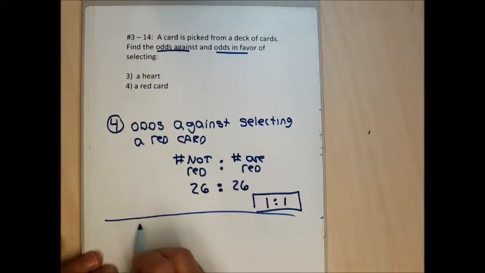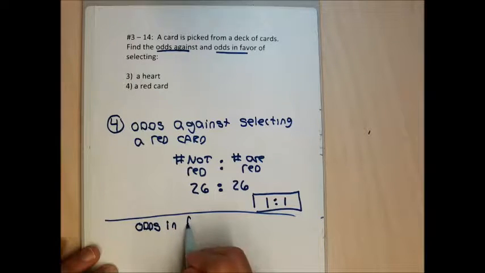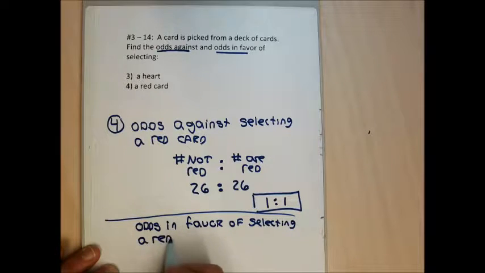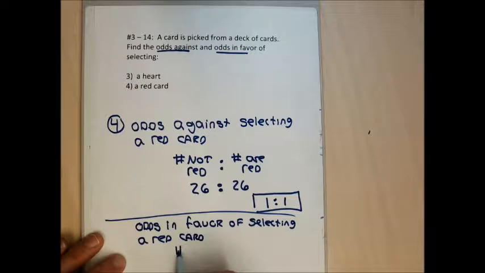And now I'm going to do the odds in favor of selecting a red card. I have all the numbers that I need. I just need to reverse them. To do odds in favor, you want the are first and the not second.